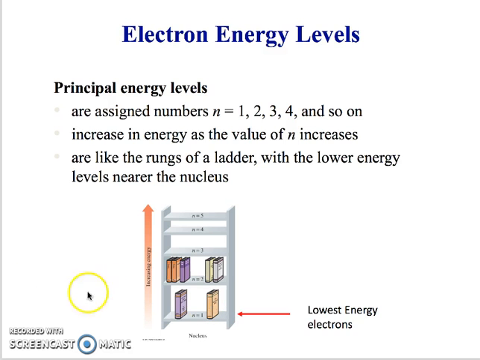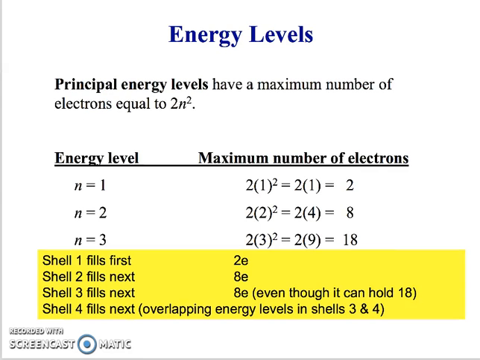And then we know that they'll increase in terms of this little formula. They're equal to 2n². So if n is the first shell, energy level number 1, then we're going to have 2 times 1 squared, which is equal to 2. 2 is the maximum number of electrons that we can have in the first energy level.